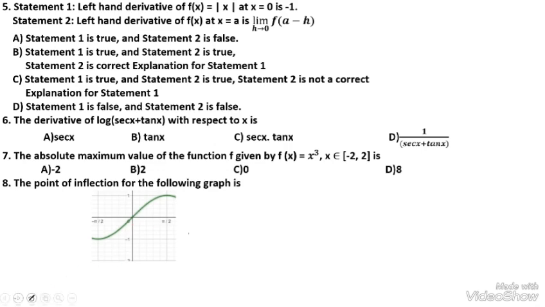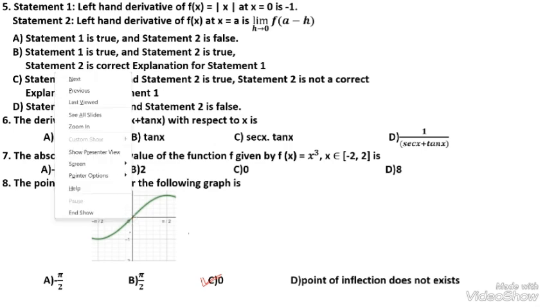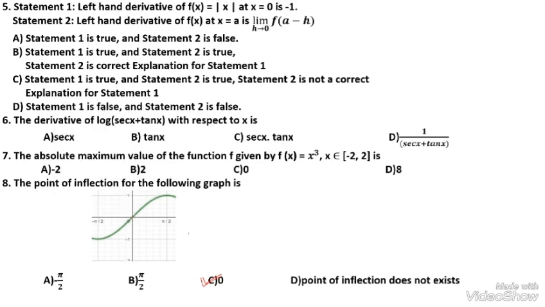Here, the point of inflection is 0. Option number C will be 0. At the point 0, the graph changes from decreasing to increasing. At the point minus pi by 2, the graph is going downwards.